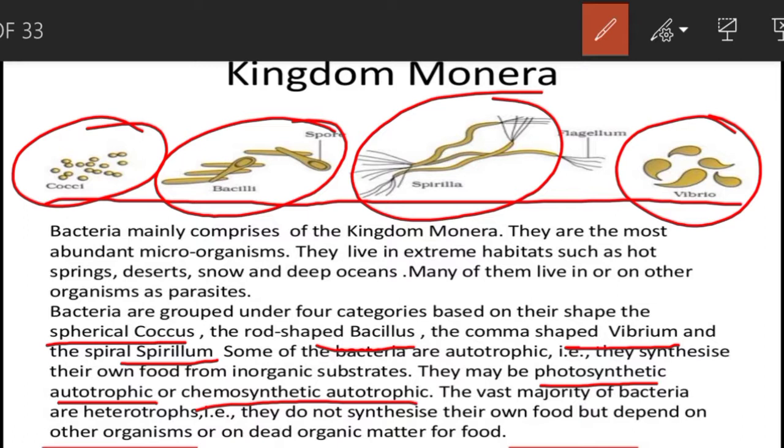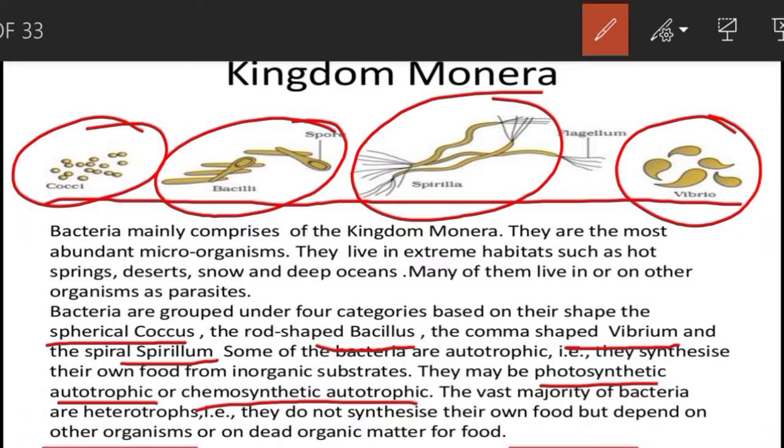Now let us talk about sexual reproduction in bacteria. Sexual reproduction in bacteria occurs by a parasexual process, actually called genetic recombination. The three methods involved are, number 1, conjugation. The male cell has fertility factor or F factor on its plasmid, which connects itself to the cell wall of the female cell. The connection is established by the formation of a bridge-like structure called sex pilus.